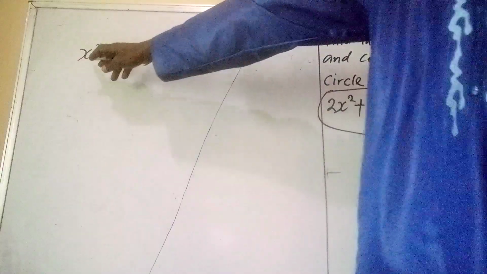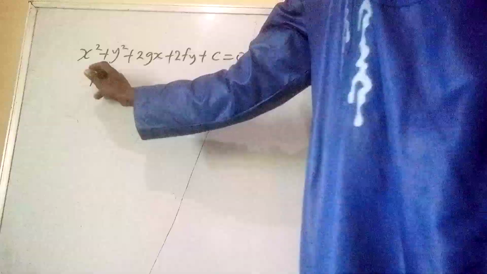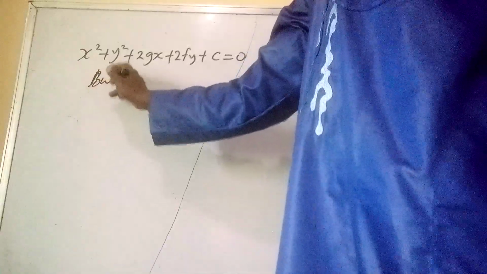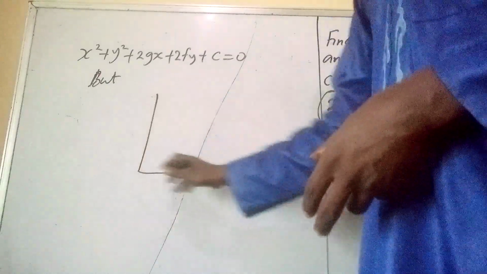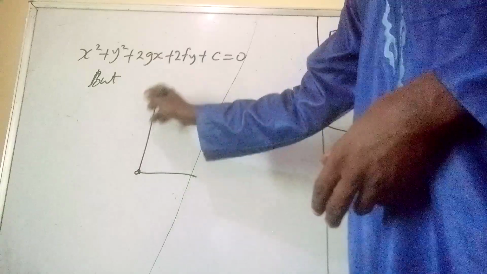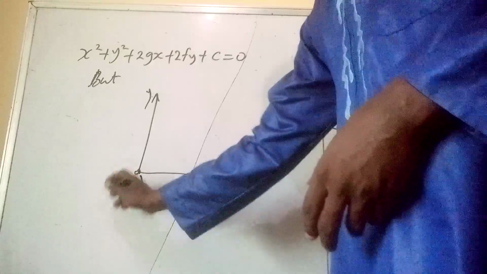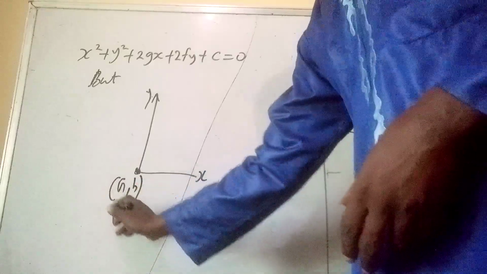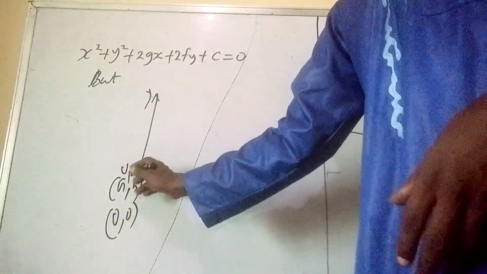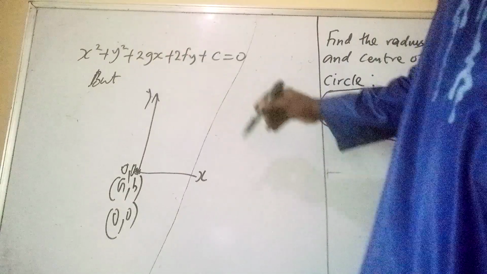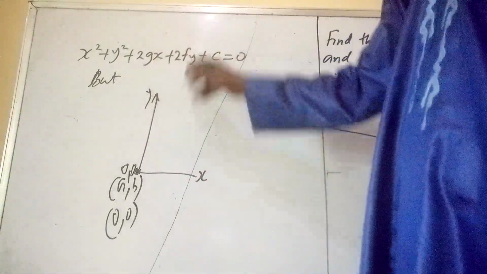This is the general equation of the circle, which we have just proven. But in case the center of the circle is at the origin, that means A, B, the coordinates of the origin, will be 0, 0. So all you need to do is replace G and F with zeros.